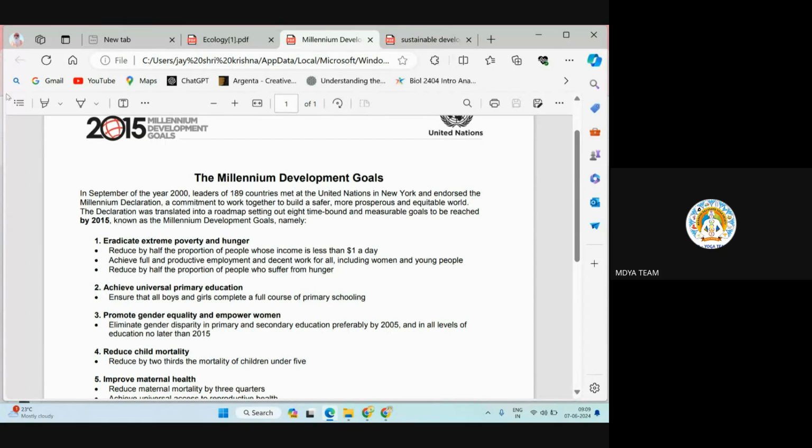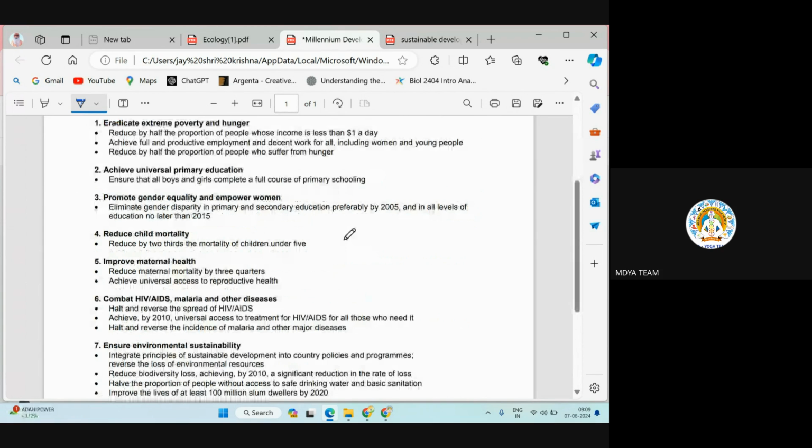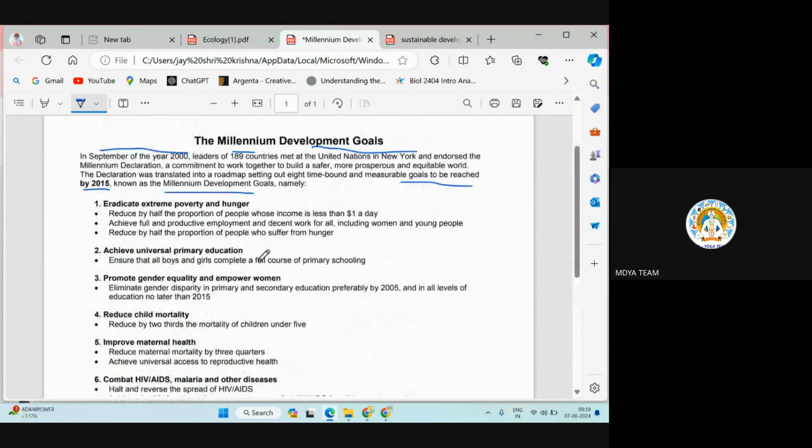So the question will be: in September of the year 2000, the rules were declared, and these rules were set to be reached by year 2015, and these are known as Millennium Development Goals. And 189 countries were there. These are important things, and the committee was in the United Nations in New York. So these eight goals are there.